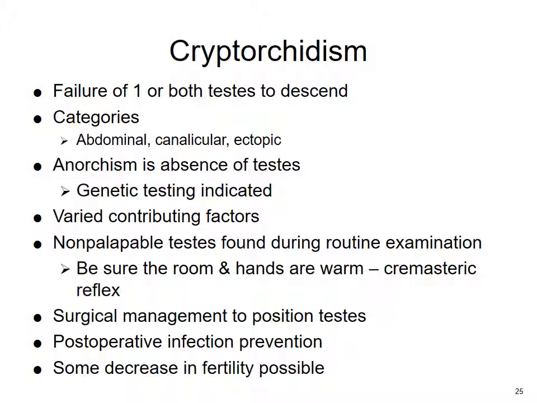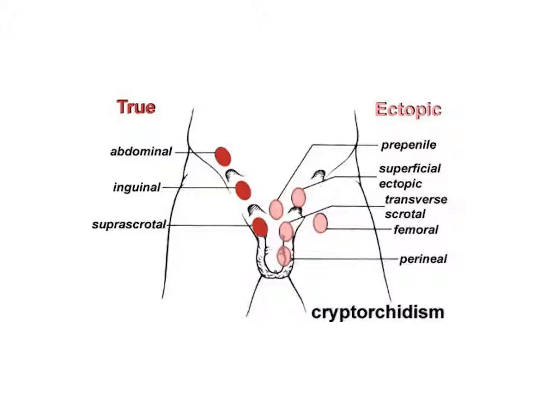The main risk of operation is postoperative infection. Occasionally, this can affect fertility, and those would be times when genetic testing would also be indicated. And here we have an illustration for the different locations of the undescended testes.